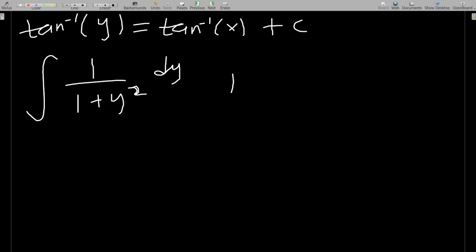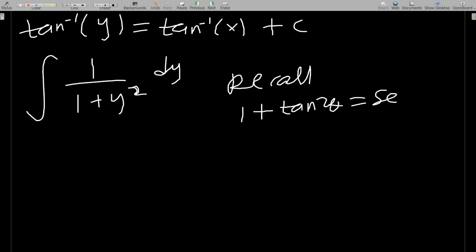Here you recall that you use trigonometric substitution: when you have the integral of 1 over a squared plus x squared, you recall that 1 plus tan squared theta equals sec squared theta. So what you should do is make sure that this appears in this integration.